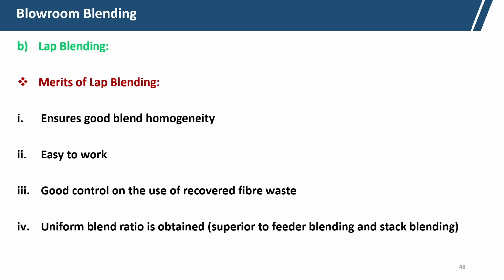A uniform blend ratio is obtained, superior to feeder blending and stack blending. Because the fiber is already opened in the blowroom and then we try to blend, the chances of cluster formation are less.